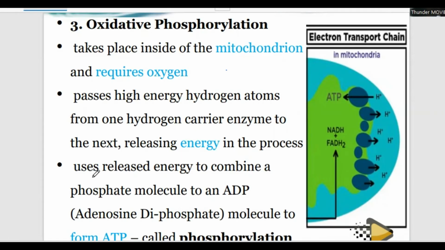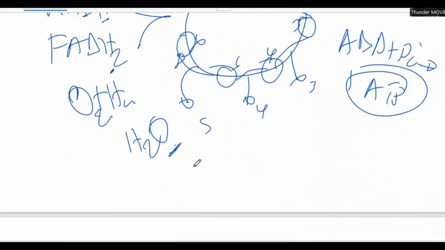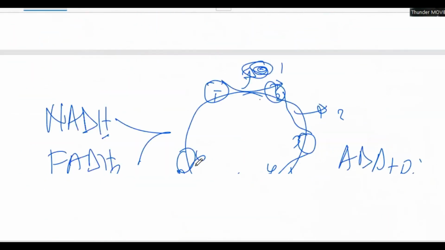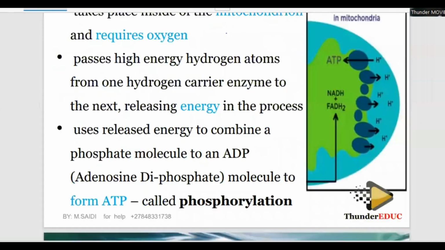What happens? The energy which is being released in this process is used to combine a phosphate molecule to an ADP. That is what I showed you here: that energy is used to combine ADP plus an inorganic phosphate to form ATP.